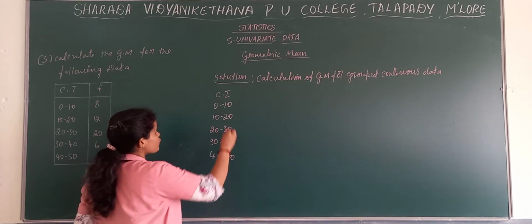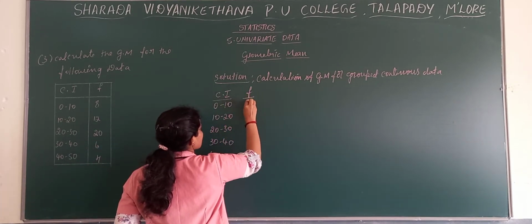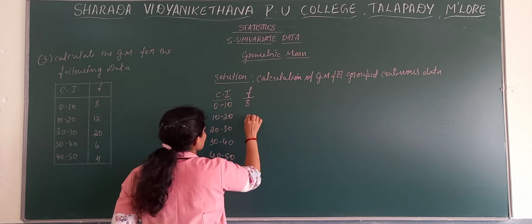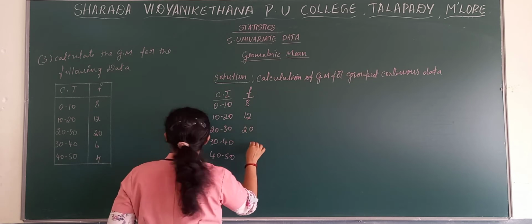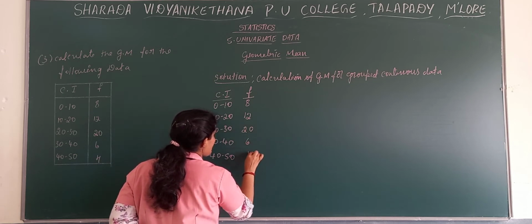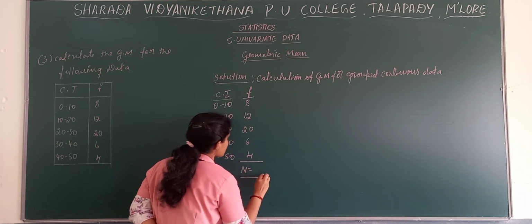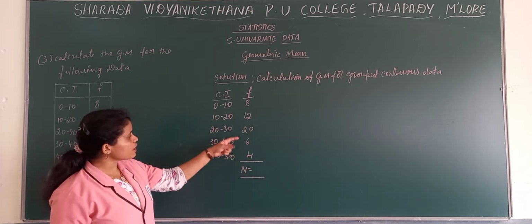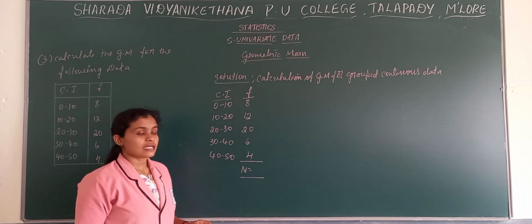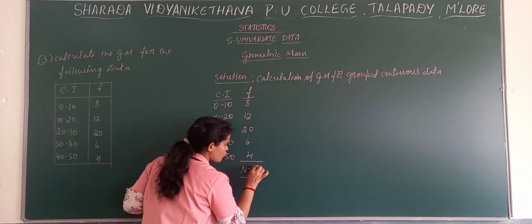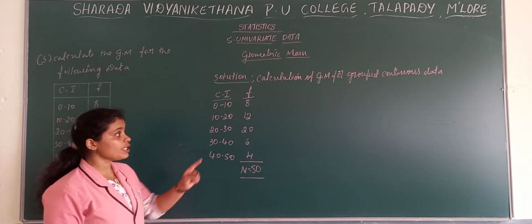Then the frequencies are 8, 12, 20, 6 and 4. Firstly, total the frequencies. When you add, you get 20, 30, 40 and here N as 50. So the total number of frequencies N we get as 50.